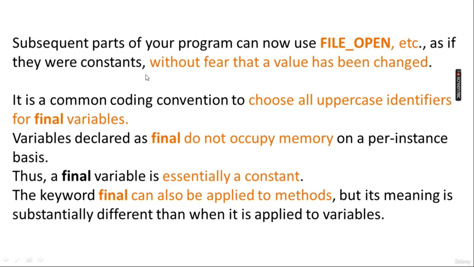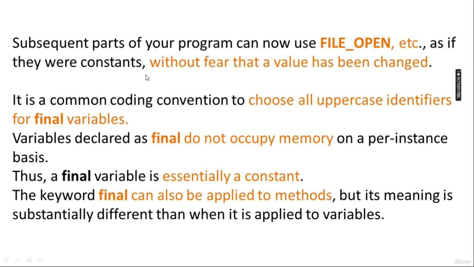It is a common coding convention to choose all uppercase identifiers for final variables. So generally we write uppercase identifiers for final variables. Variables declared as final do not occupy memory on a per instance basis, or per object basis.